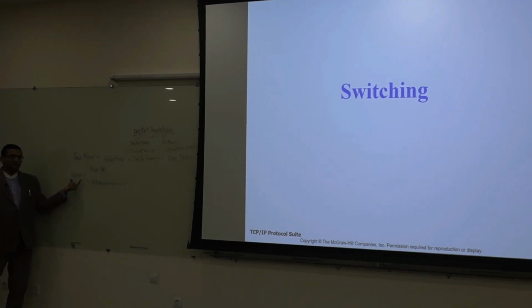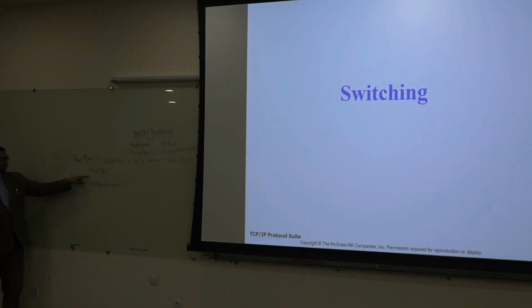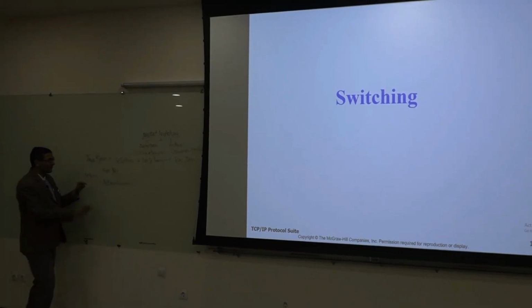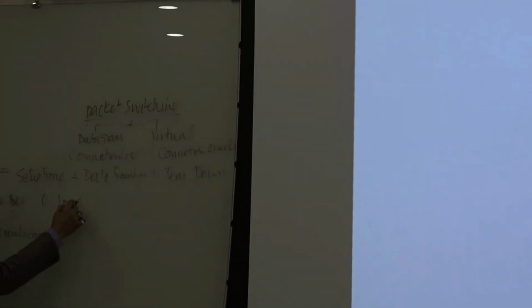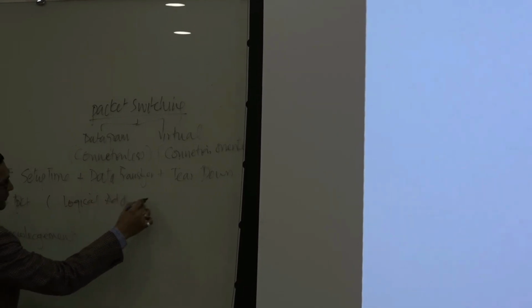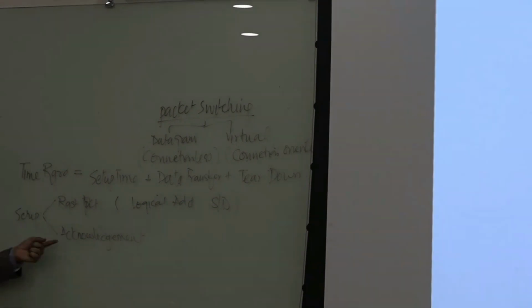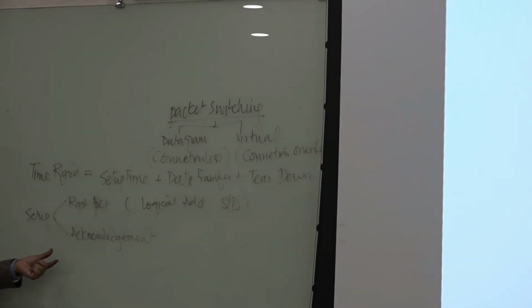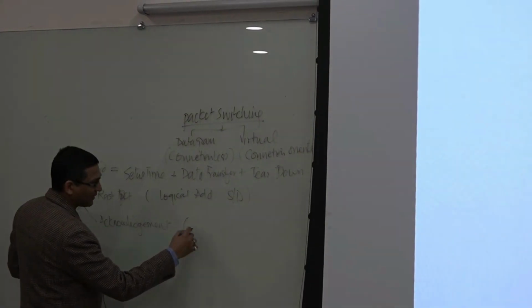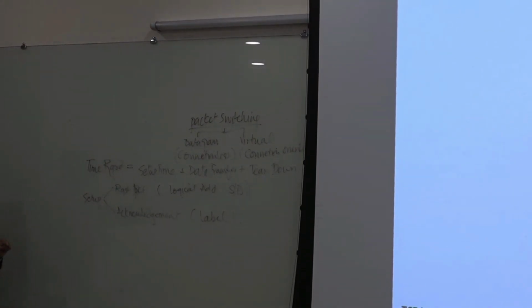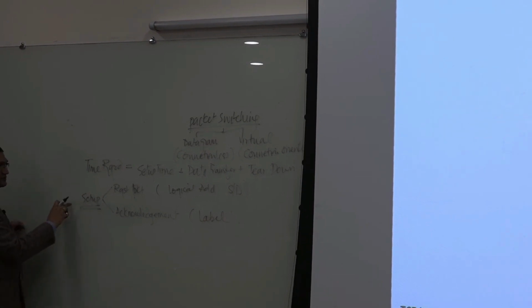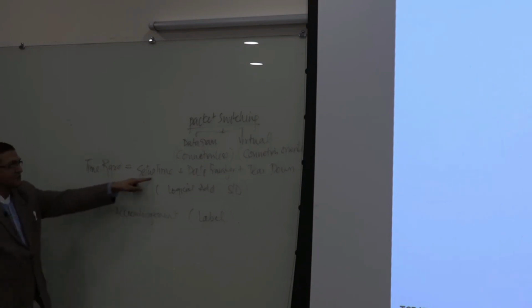In the request packet there is a logical address of source and destination, and the acknowledgement returned from the receiver contains one number, which we call the label. So this is the first phase, and the time this phase takes is called setup time.